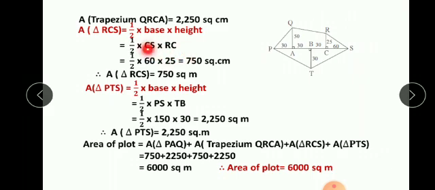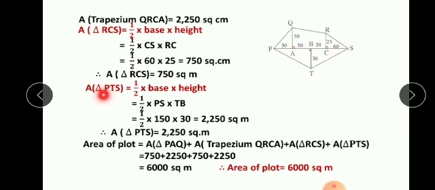Substitute the values: half into 60 into 25, which gives 750 square meter. Okay children, square meter. Now the area of triangle RCS is 750 square meter.